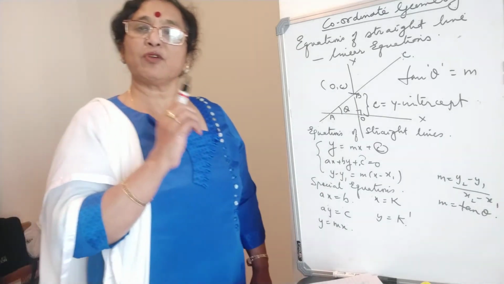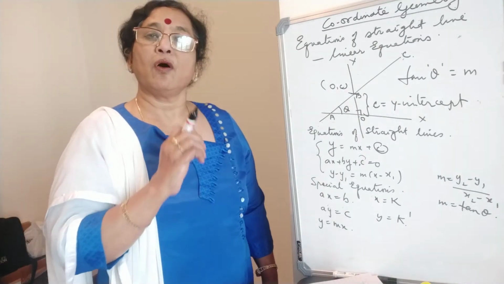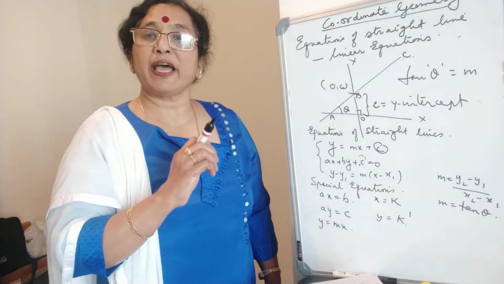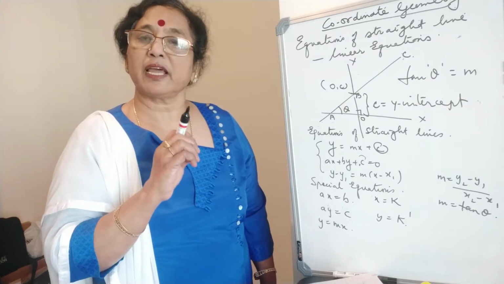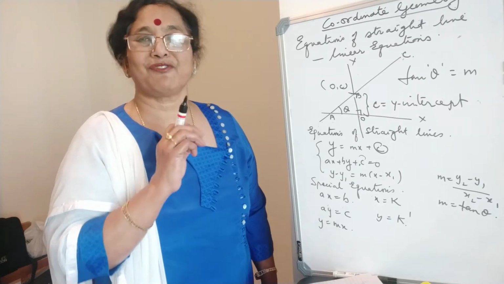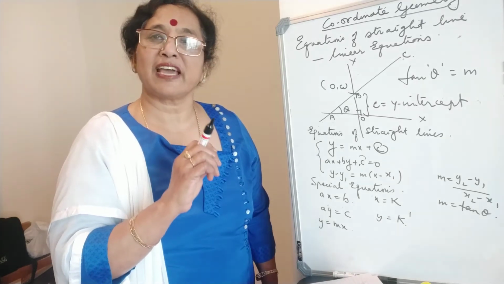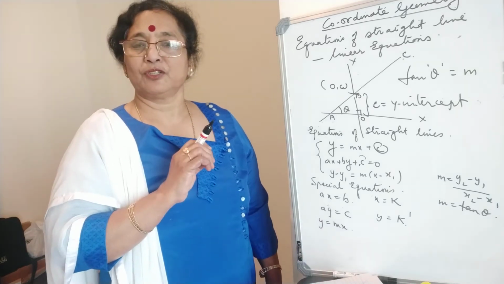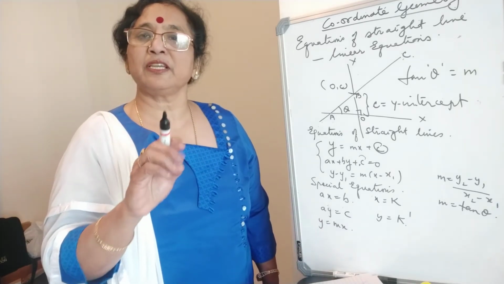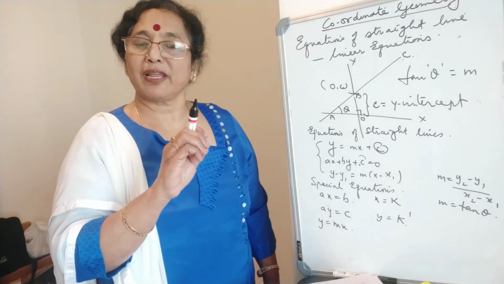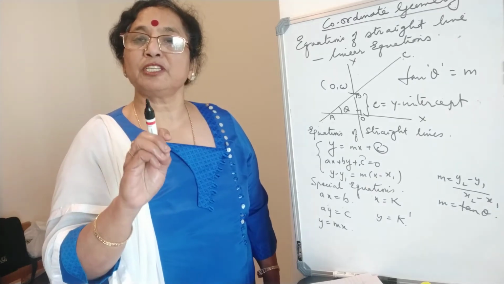So basically you can also find the equation of a line whose inclination is theta and y-intercept is 4, meaning the line is passing through 0, 4. And if inclination is 45 degrees, tan 45 is 1. So y equals mx plus c, you can directly write y equals 1x plus 4, since m is 1 and y-intercept is 4.